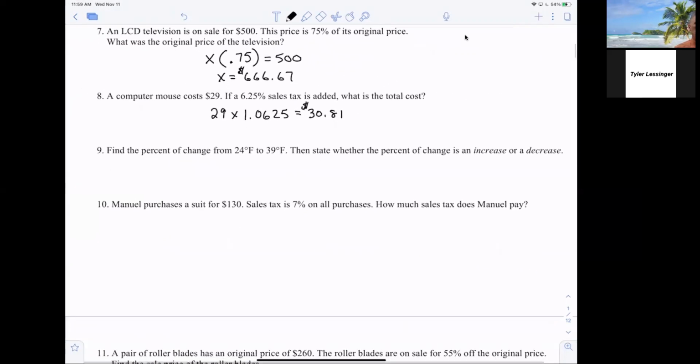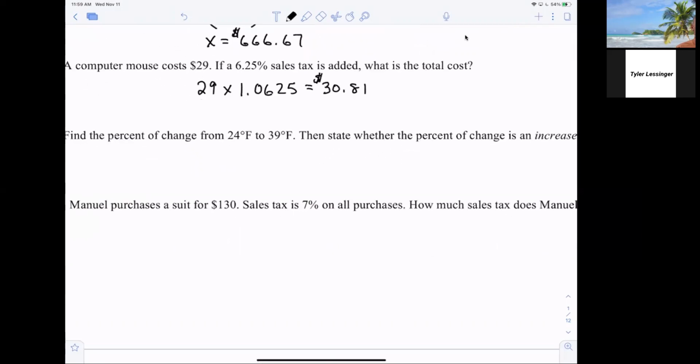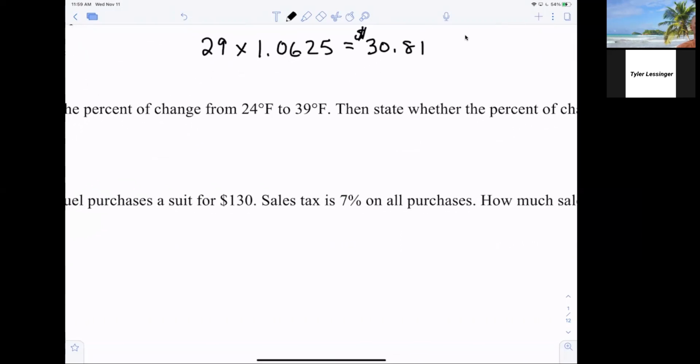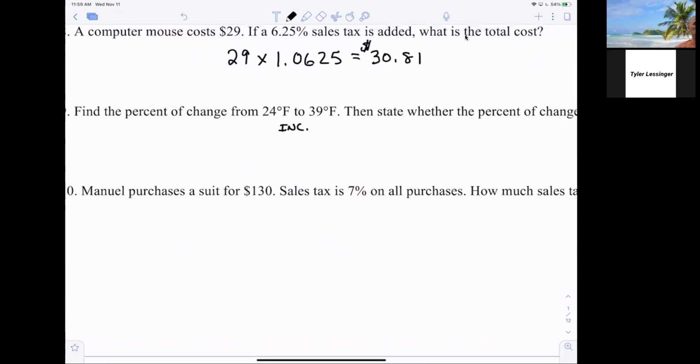Now, remember, is this an increase or a decrease, guys? Obviously it's an increase. Remember the formula, if you forgot, is the change divided by the original amount. So what's the change from 24 to 39?